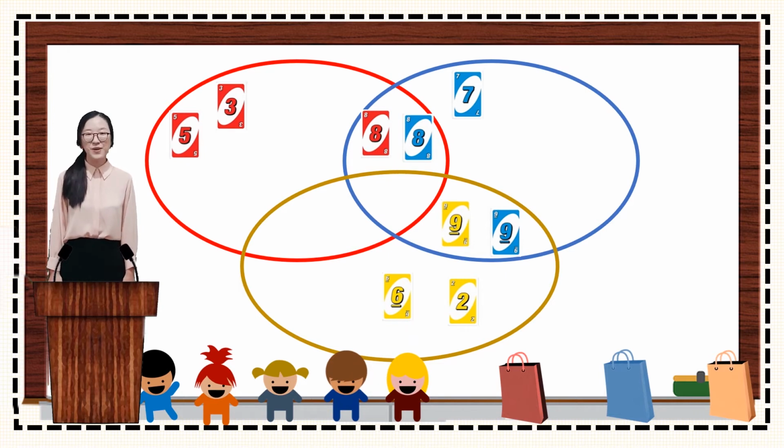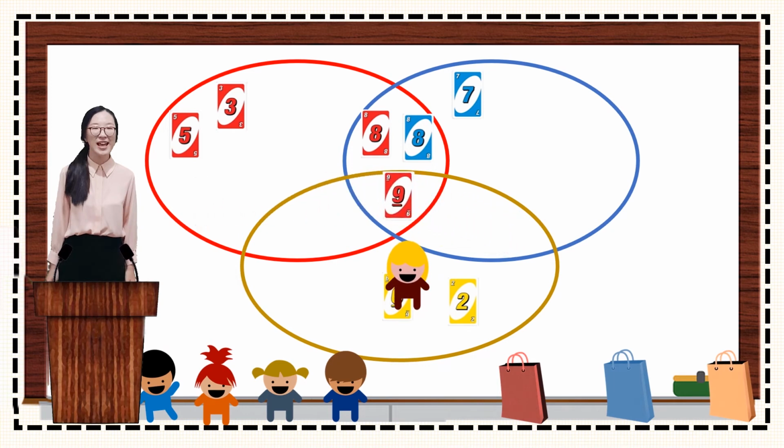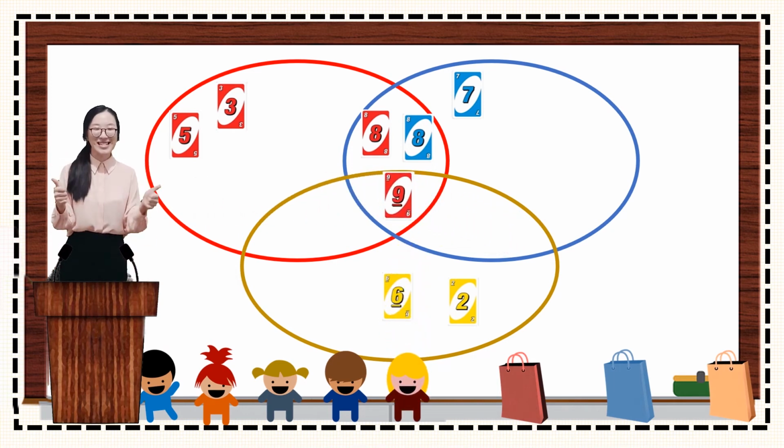Now, let's try to pick one last card. Great! But this time, we see 3 cards with the same number. How can we put those in the same region? Excellent! Good job, everyone!